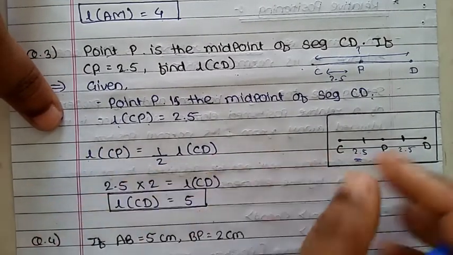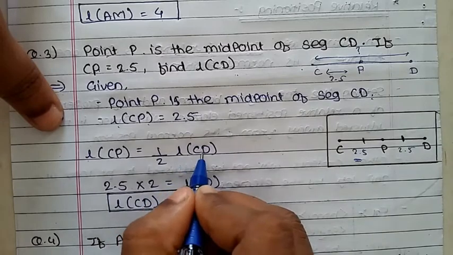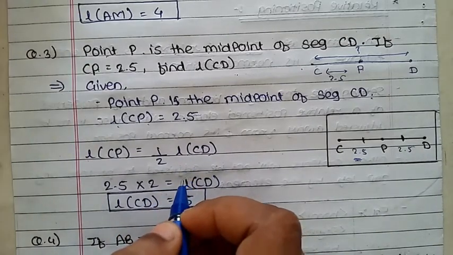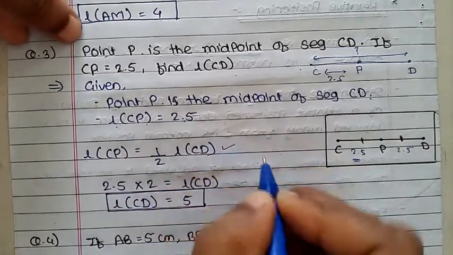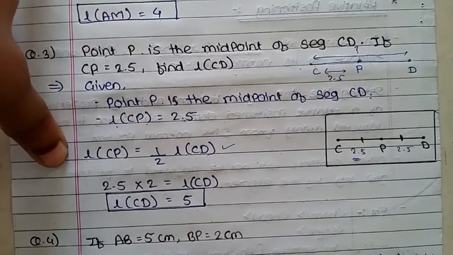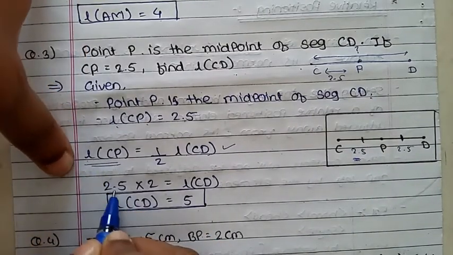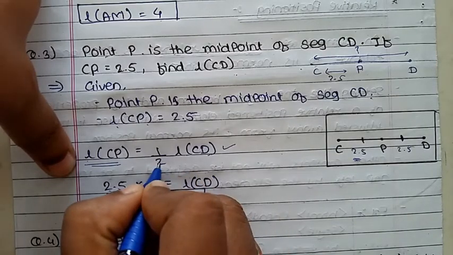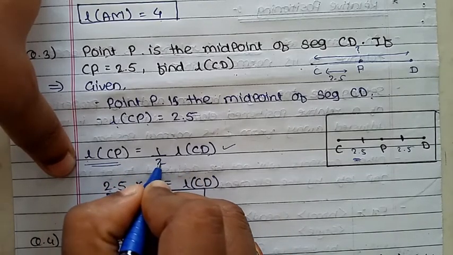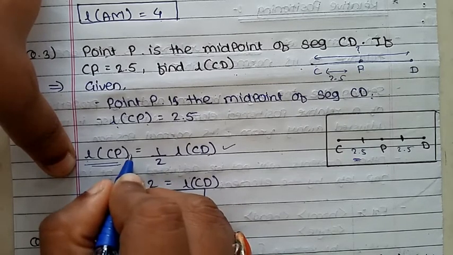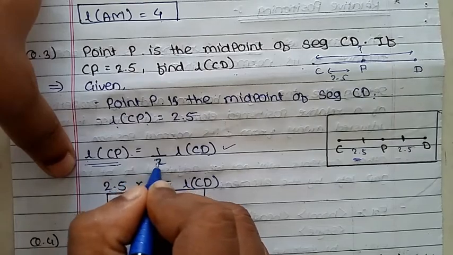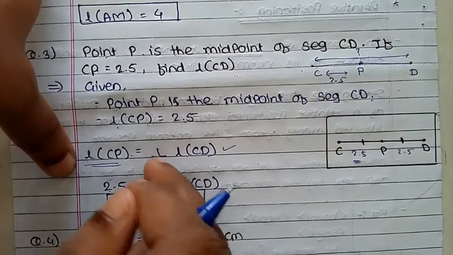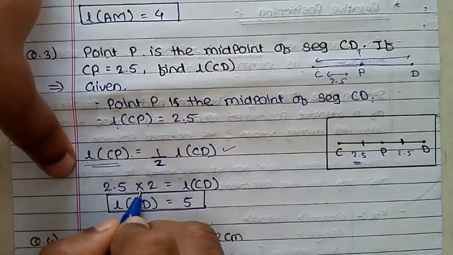Length of CP is equal to half into length of CD, as we used this formula in the earlier example also. So the value of CP is 2.5, and the 2 changes its side. When it changes side it goes into multiplication, because in the previous step it was in division.